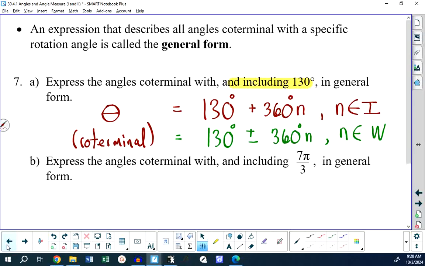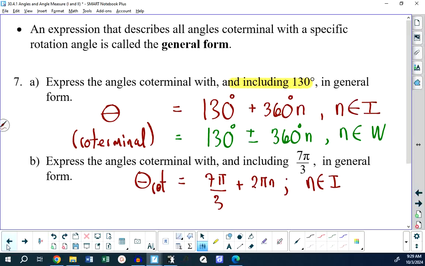What about this? This is so simple. Your coterminal angles will be equal to 7 pi over 3 plus 2 pi n, where n is an integer. You're adding or subtracting full revolutions, multiples of a full revolution.